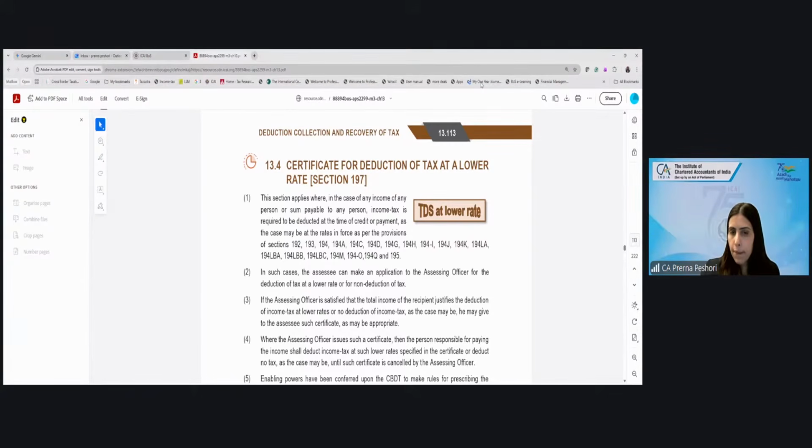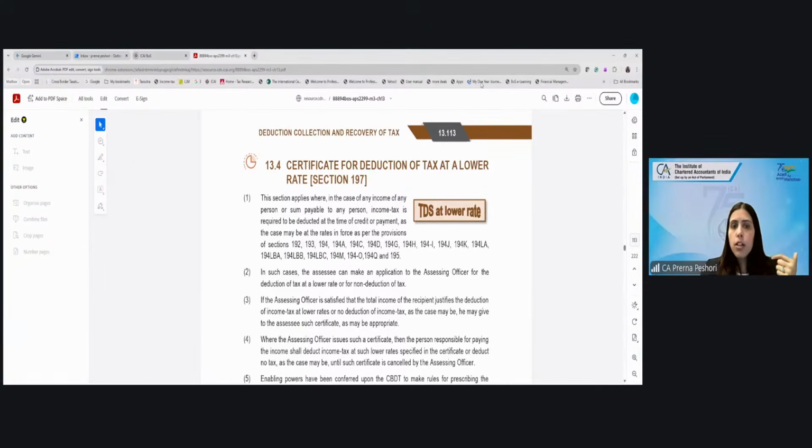So that is the lower or nil deduction certificate. Then whatever TDS is deducted will be considered as your income. So let's say, for example, if 100 rupees is your income and 10 rupees is the TDS deducted, you will consider your income as 100 and not 90. Then you will claim the credit of rupees 10 against your tax liability.